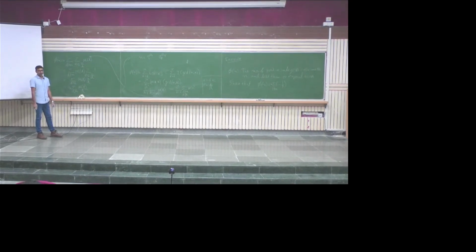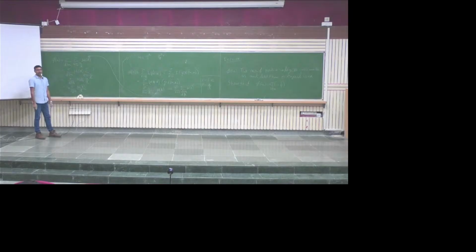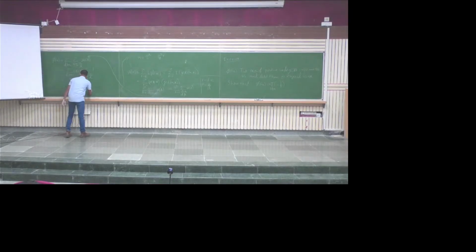So we want to check only on the prime powers, and for higher prime powers this function is 0. So this becomes a product over p of 1 plus mu p by p, and mu p is minus 1. Since this is a multiplicative function, what we are using here is that the summatory function of multiplicative functions is multiplicative, and that's an easy exercise to check.